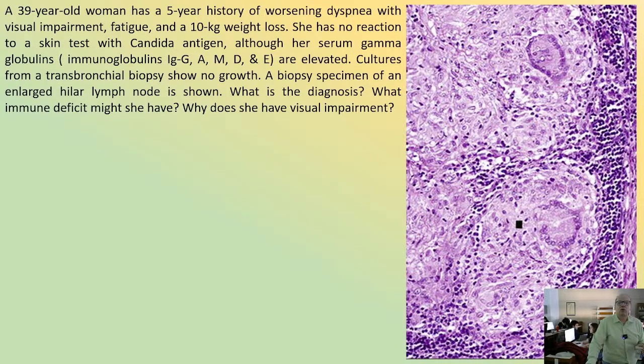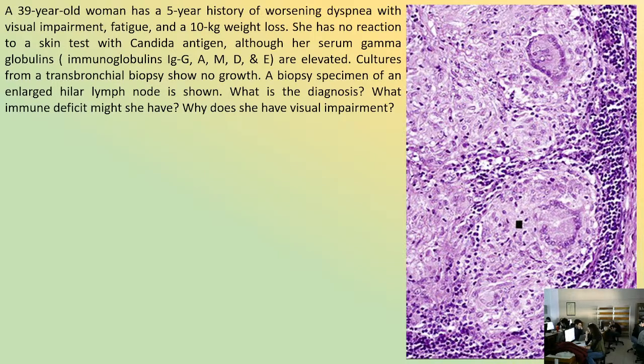And we have an elevation of gamma globulins, which are all the immunoglobulins, all right? And this could be related to either an infectious cause or another cause that we are going to see now. So we have an enlarged hilar lymph node, and a biopsy is taken, not a biopsy through a needle.